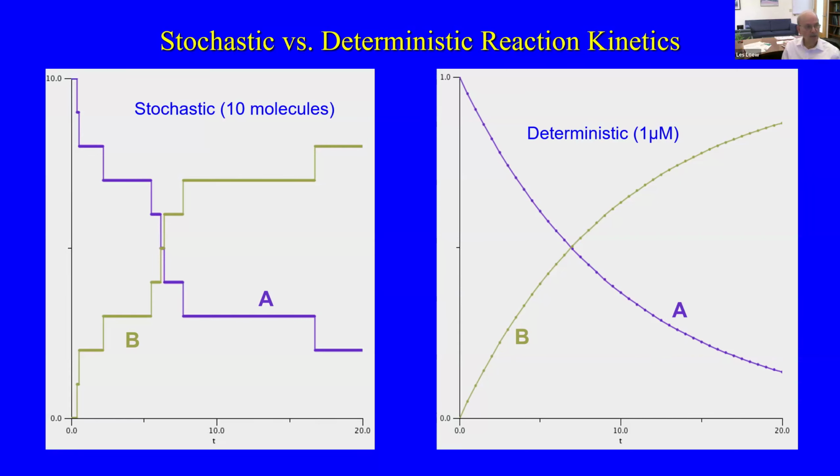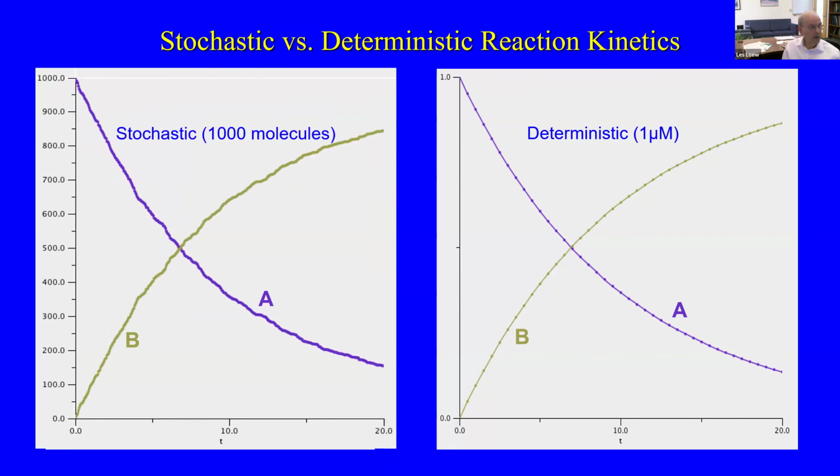The deterministic solution, which you see on the right, is, of course, a solution to an equation which is always going to be the same. So that's why we call it deterministic. If, instead of using 10 molecules, we use 1,000 molecules, there's a little bit of noise in the trajectories, but they begin to look very much like the deterministic solution.